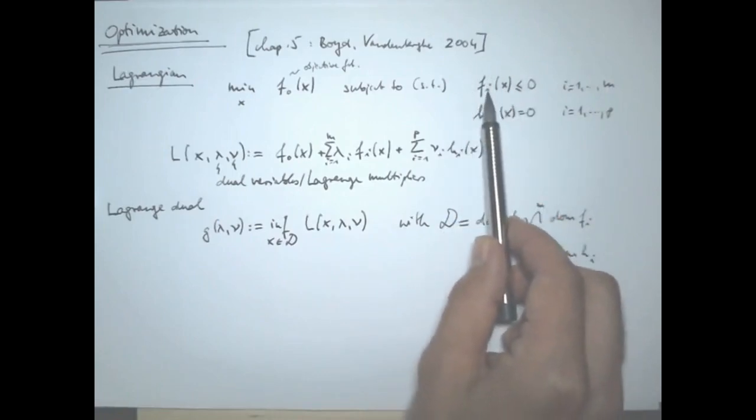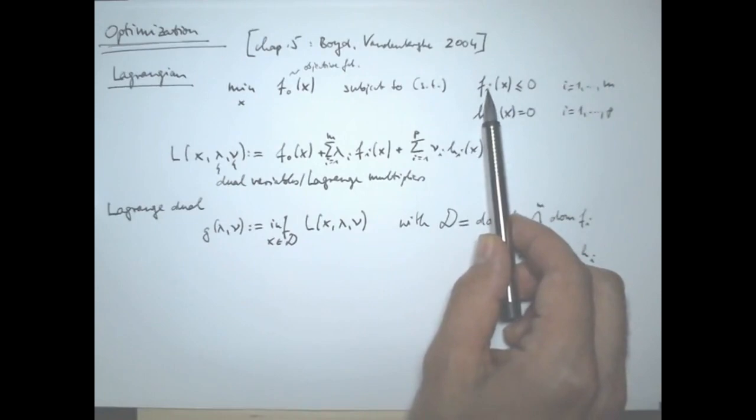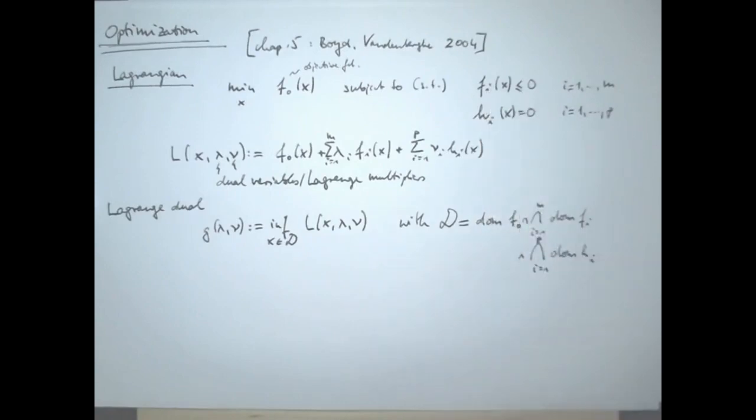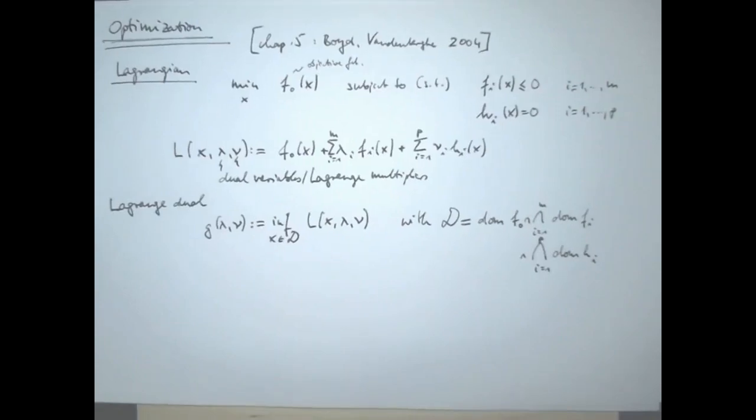We had this inequality constraint that f1 should be smaller than or equal to 0. Can you go back to the screen, please? And then the feasible set is only where this property is true.